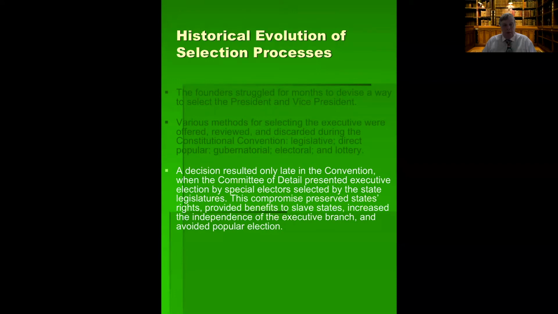So they deliberated a long time, and they finally settled on the electoral college. We've talked earlier in our discussions about what happened there, and the big state, small state controversy, north-south controversy over the value of slaves, and so forth. So we won't double down on that.